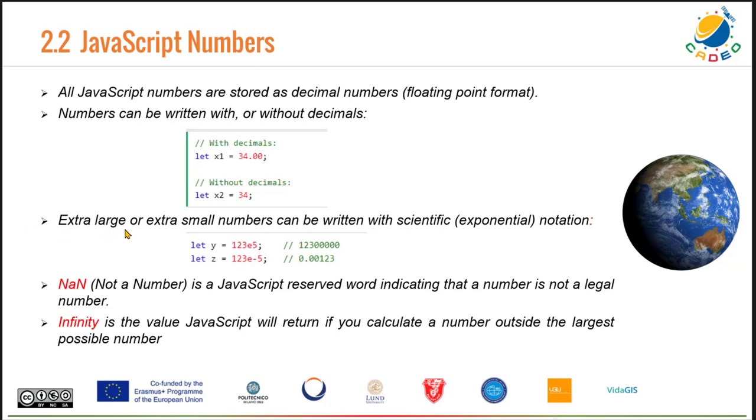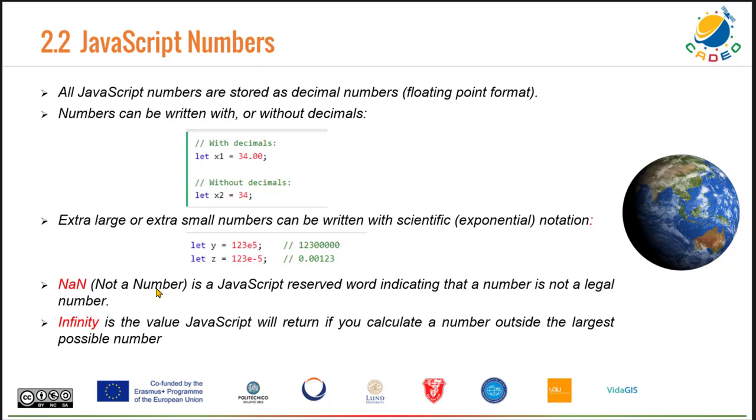About extra large or extra small numbers. Extra large and extra small numbers can be written with scientific notation using exponents. Not a Number, NaN, is a JavaScript reserved word indicating that a number is not a legal number.